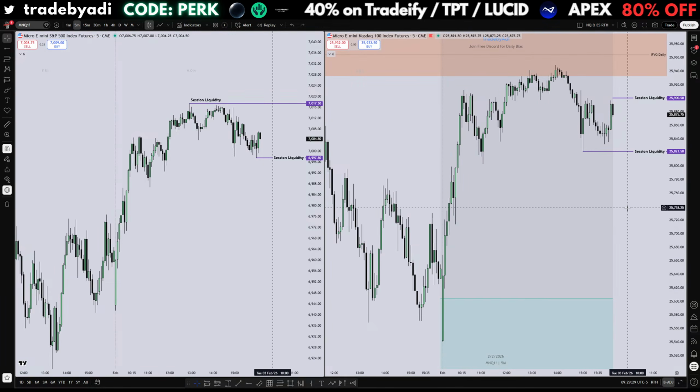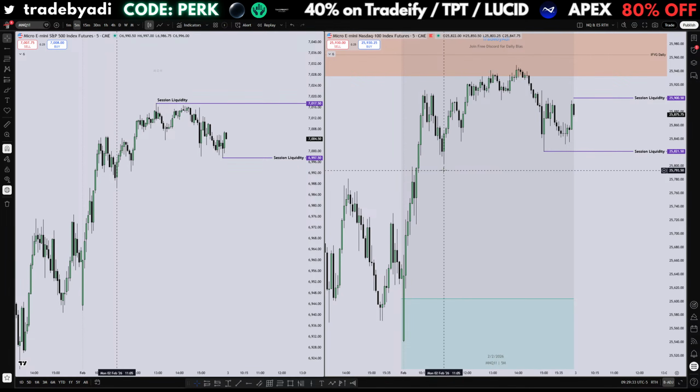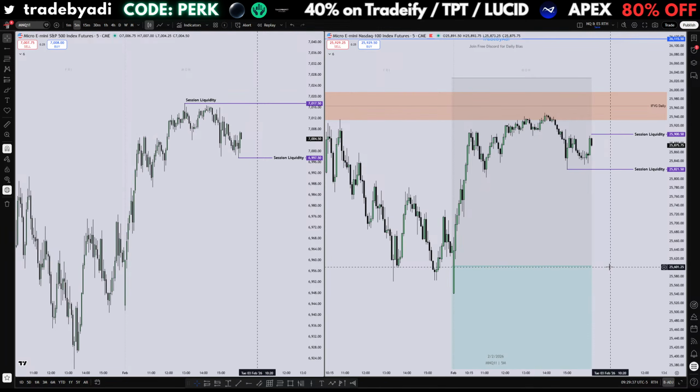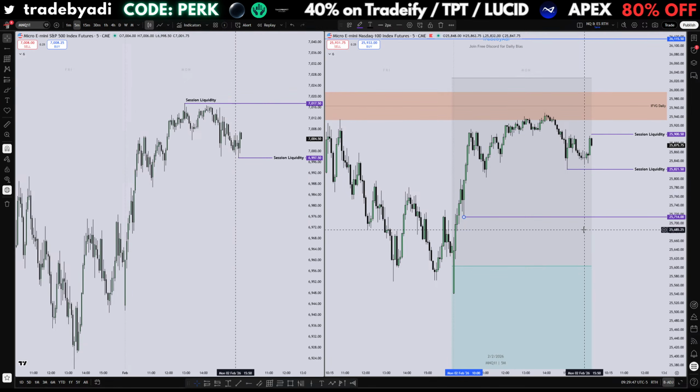On RTH chart, okay, this low. But still, yeah, let's mark the premium and discount. This is the first discount low for the liquidity. If price is aggressive, then we can look for this low also. So this is the sell side liquidity.